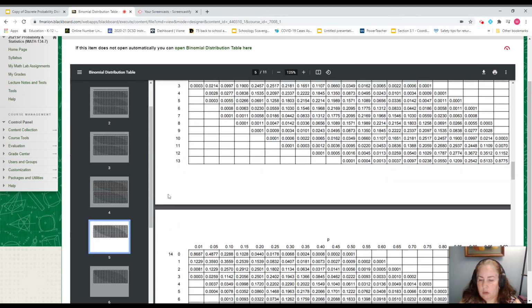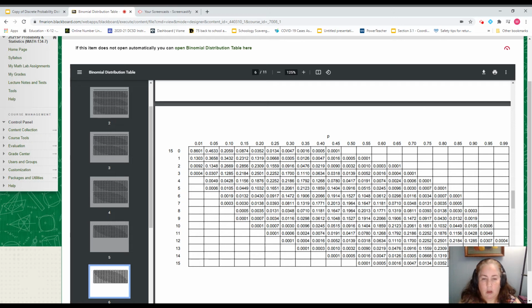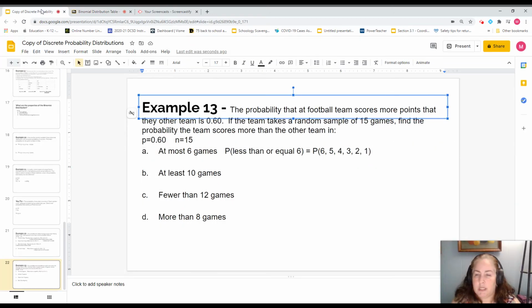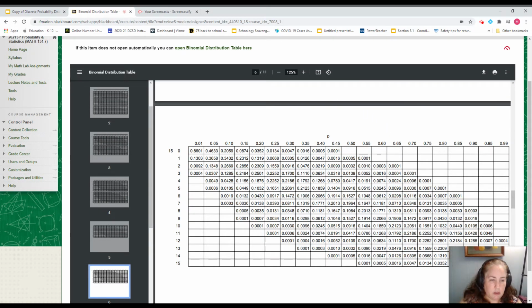15, 0.6, and I want to do 6, 5, 4, 3, 2, 1. All right. So I'm going to add up these numbers. And here I don't have to add anything because there's 0.